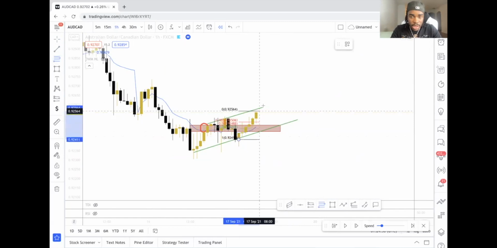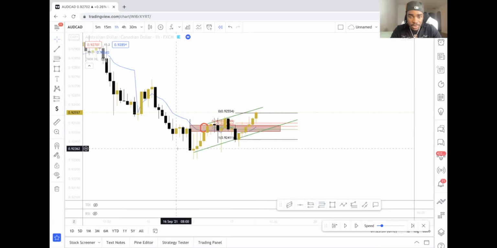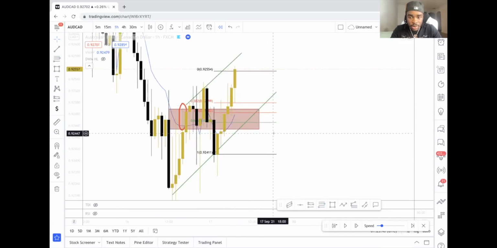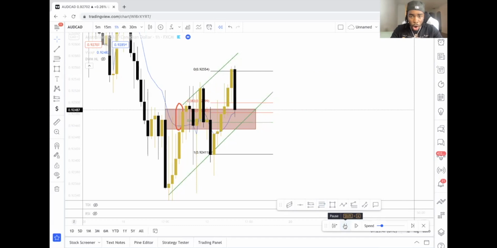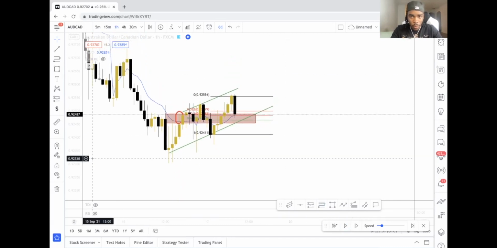Fib gang, yeah, that's me. Right, so now we're looking for a price to retest this area over here. So now I'm looking for a price to retest one of these 3 levels. And let's see what it do. Boom, goddamn, straight to the level.